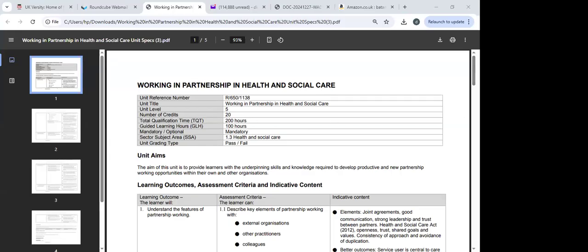Today we're going to look into, in this lecture, LO3 of partnership.